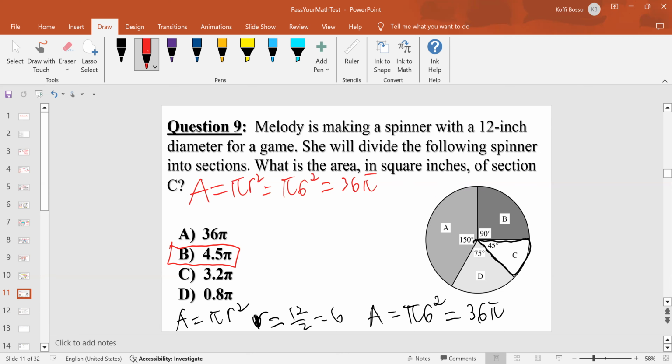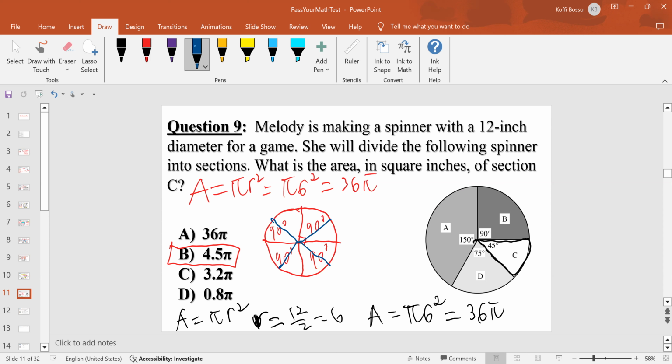Now if you take the circle, they say here 45 degrees for section C. Do you know that for the entire circle we have 4 quadrants, and each quadrant has 90 degrees? Now, to have 45, you divide 90 degrees by 2.